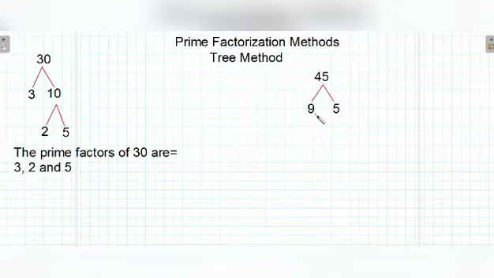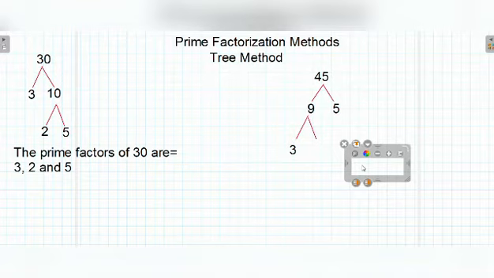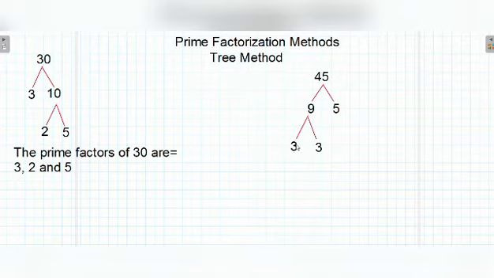The two numbers that we can get from 9, which are prime, are 3 times 3. So I will factorize 9 more. So here write 3, and again write another 3. So we finished getting the prime factors of the number 45. 45 has the prime factors of 3, repeated, and 5.